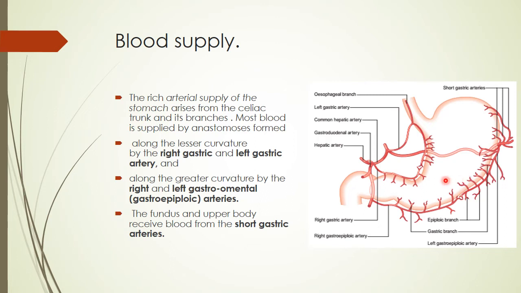These arteries along the lesser and greater curvature, the right and left arteries, anastomose with each other and give branches which supply the stomach along both curvatures. Then the fundus and upper part of the body is supplied by short gastric arteries.